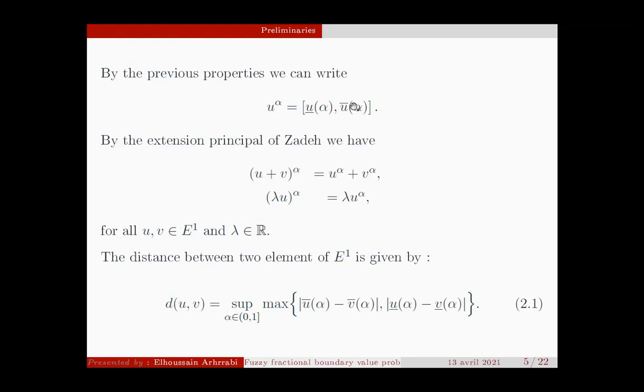So by the extension principle of Zadeh, we can define the sum of two elements U and V of E1 and the multiplication by a scalar. And the distance between two elements of E1 is given by 2.1.